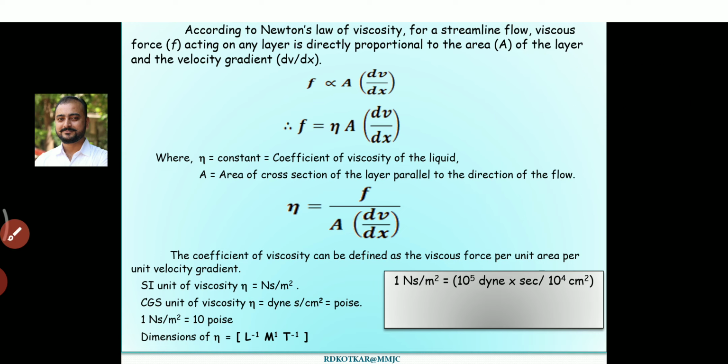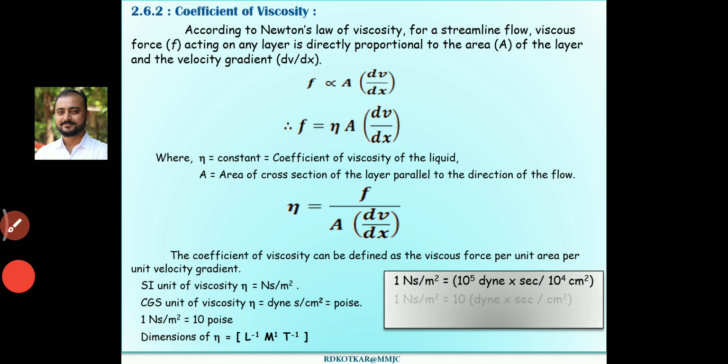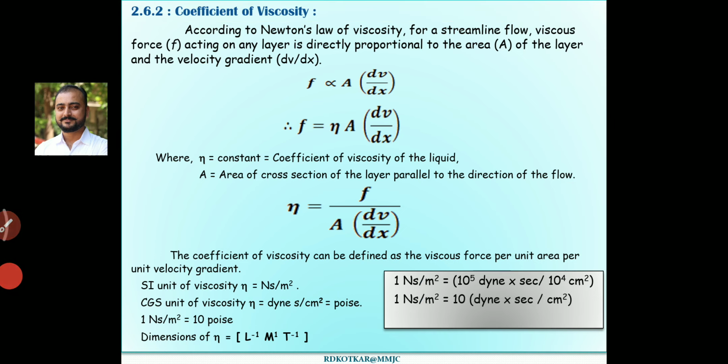In the next step, 10 to the power 5 and 10 to the power 4, so 10 to the power 4 gets cancelled, and only 10 remains outside. Therefore, this dyne second per centimeter square is the CGS unit called poise, and so 1 Newton second per meter square equals 10 poise. So this is the conversion.